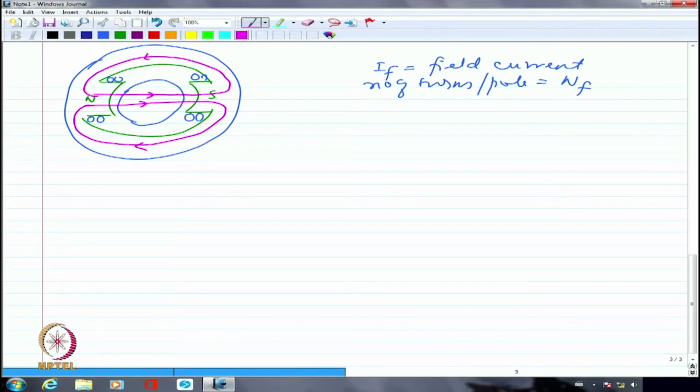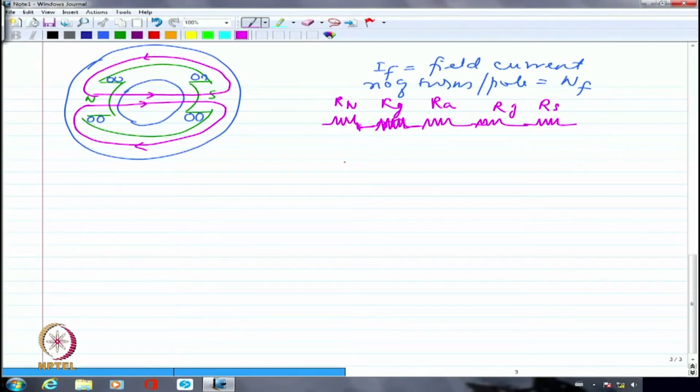That will include the reluctance offered by the north pole, then the reluctance of the air gap, not inductance, reluctance of the air gap, and the reluctance of the armature. Then again a reluctance of the air gap, and one more for the south pole. Then I will have the reluctance of the yoke on this side, and definitely the reluctance of the yoke on the other side also.